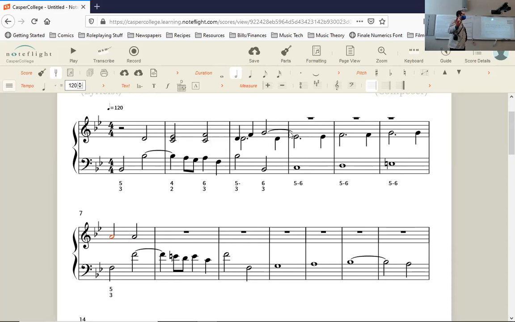G is what solfege? In the key of F, re. Let's go re, do, and stick the tenorizans. Re, re, do. Stick the cadence.